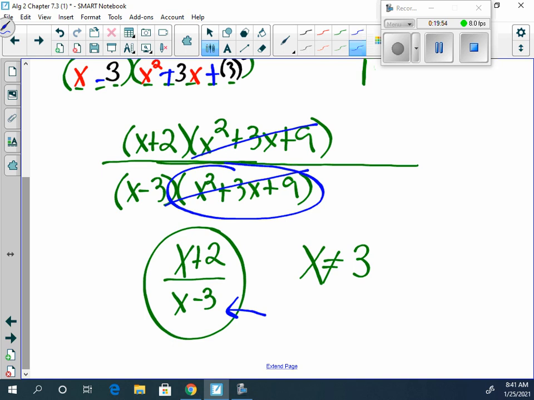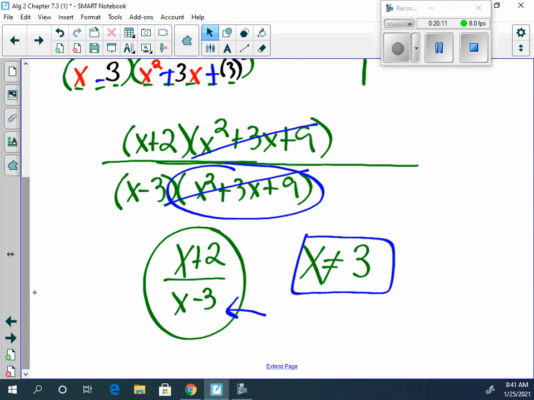So there's no way to get a real 0 from this. So that means the only restriction is x equals 3. And most likely on this one here, because all the restrictions that we do have are already still left there, it's not going to ask for it because we can see what the restrictions are. None of our restrictions were canceled out or simplified out. And that's it. Questions on this here?